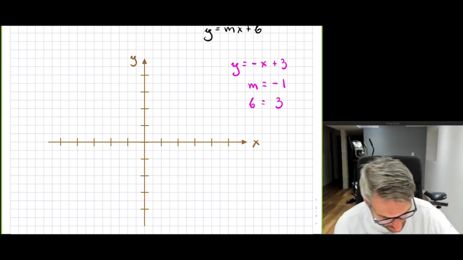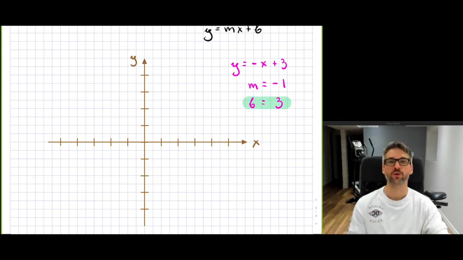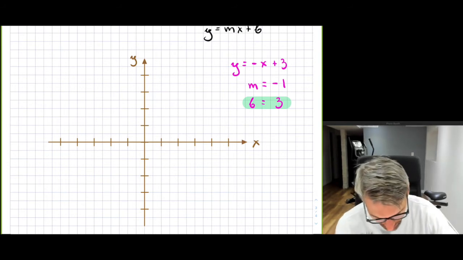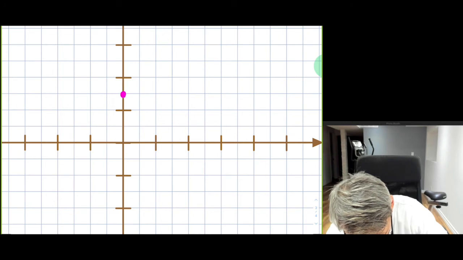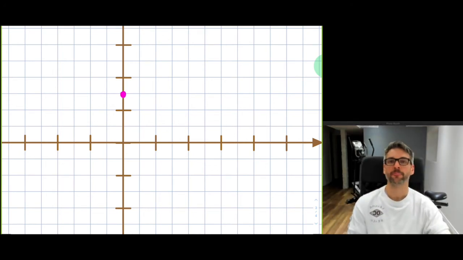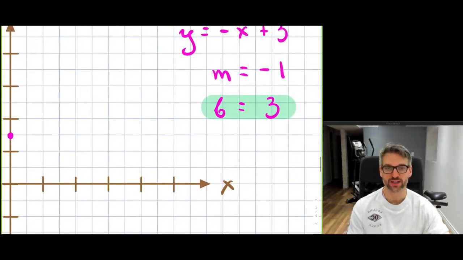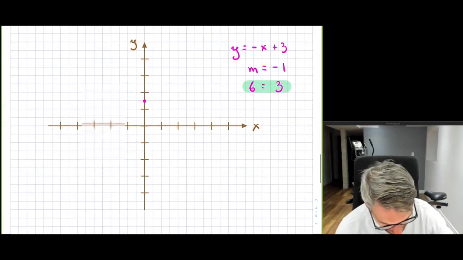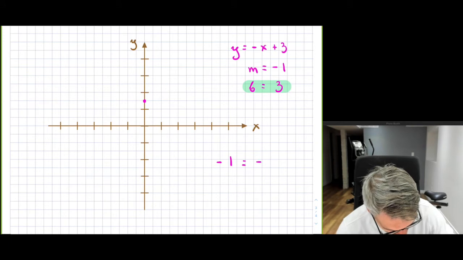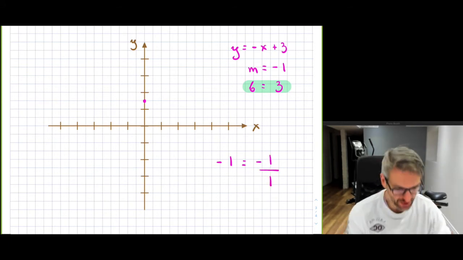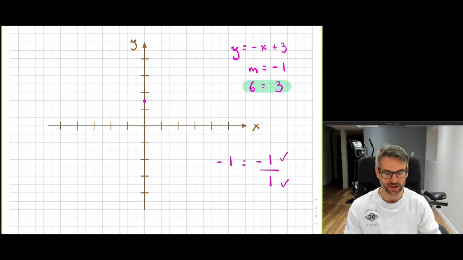The way that I like to graph these is I will always take the intercept itself first. Because I know that is the y-intercept, I graph my first point right there, which is 3. Now I will use my slope, which is -1. Remember that -1 is equal to -1 over 1. The reason I write it as a fraction is so that I have my rise over my run.